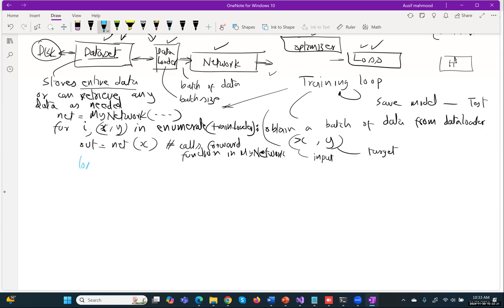So you will say loss equal to whatever MyLoss of out, and you have to compare it with what? The target, right? Which is Y. Okay. So then you will do loss dot backward. And this automatically computes gradients in the entire network.